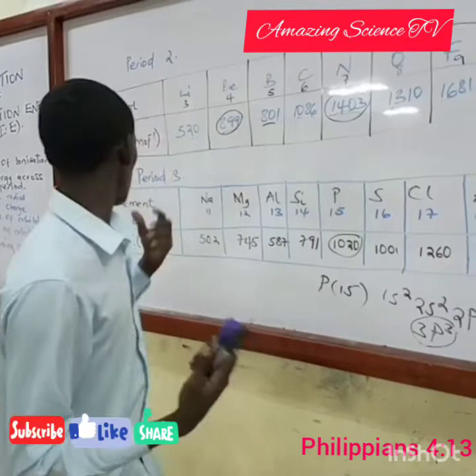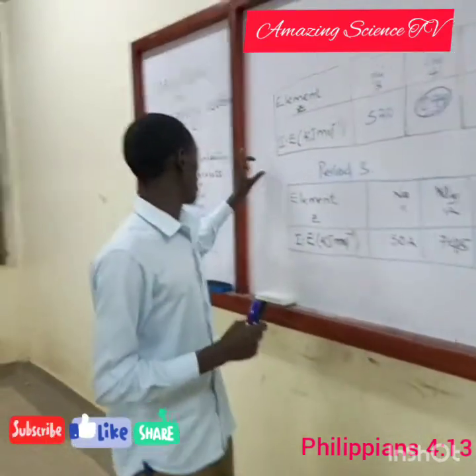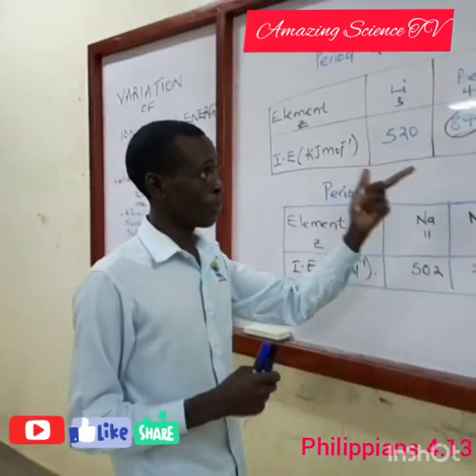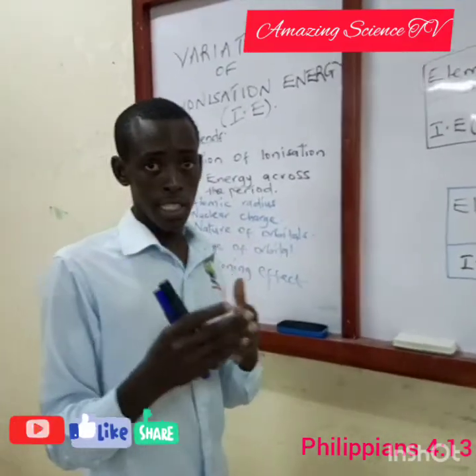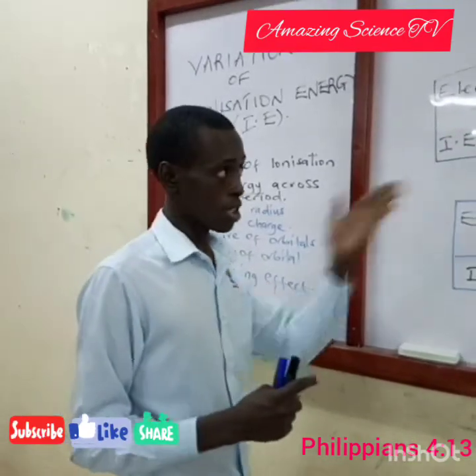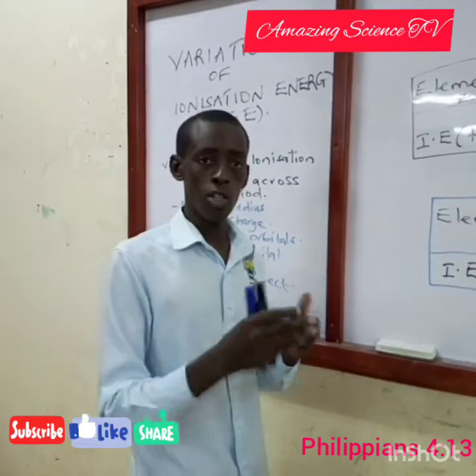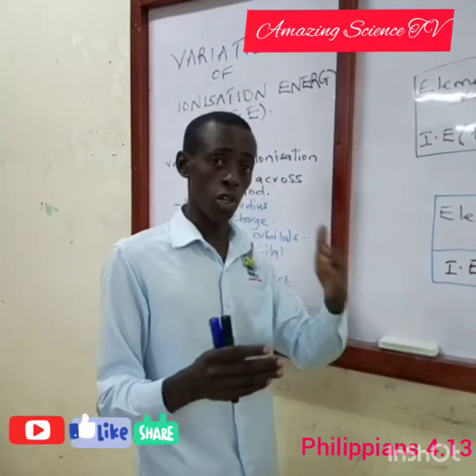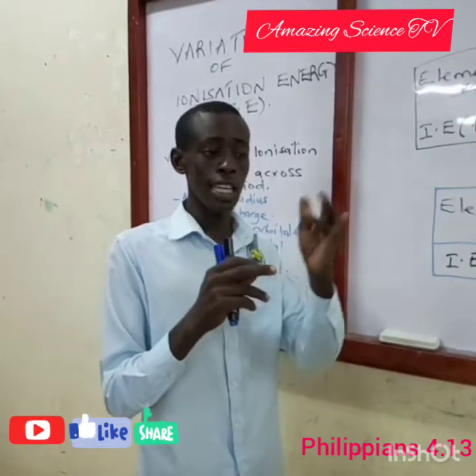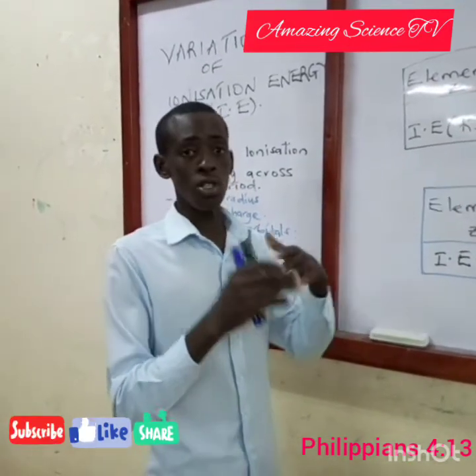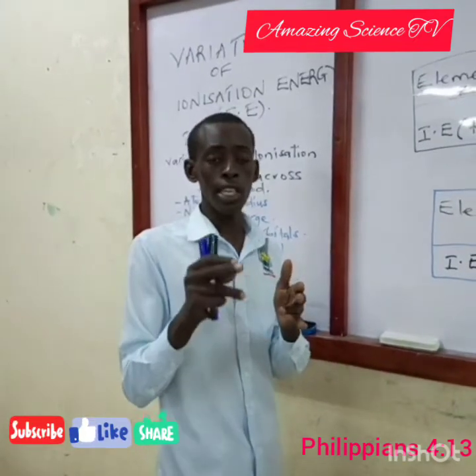So, to make a recap of what we have done, ionization energy goes on increasing across the period because of the decrease in the size of the atoms across the period, and also the increase of nuclear charge across the period, and screening effect goes on decreasing, which makes the effective nuclear charge high.